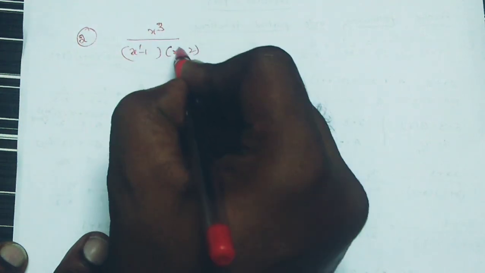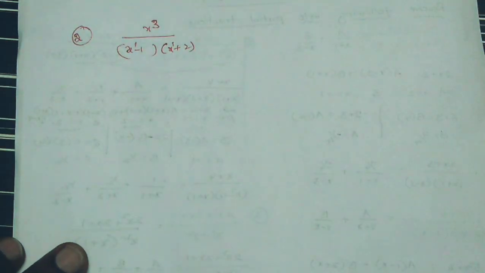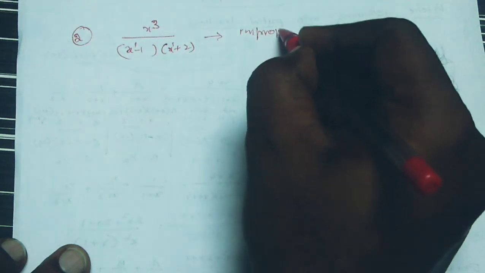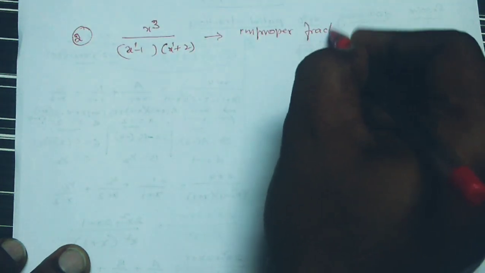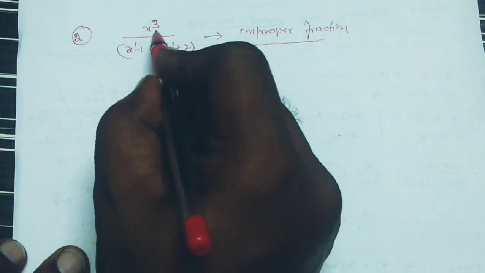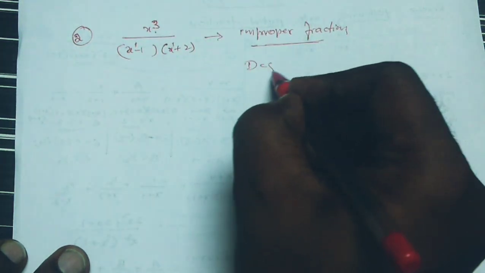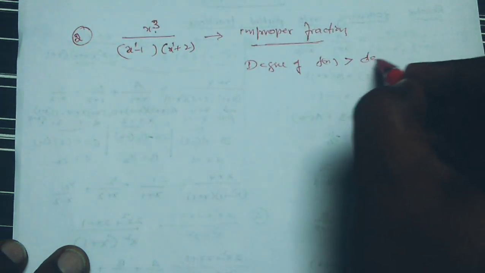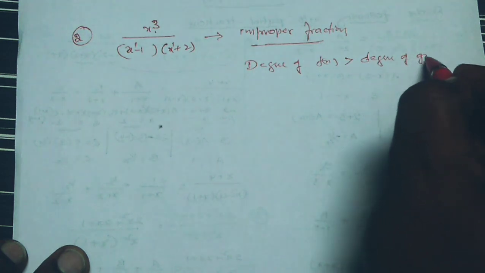Degree of g of x is 1 plus 1, that is 2. What type of fraction is it? Improper fraction. In this improper fraction, it is clearly degree of f of x is greater than degree of g of x.